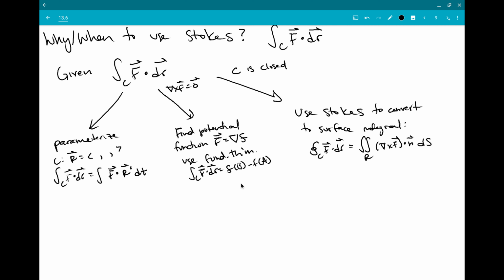And you might have noticed before, if your endpoint and starting point are the same for a potential function fundamental theorem type line integral problem, then this difference is 0. So if del cross F equals 0 and you try to use Stokes' theorem, you'll get 0. If del cross F equals 0 and you have a closed curve for the fundamental theorem, you'll get 0. Those are the same outcomes of doing a silly thing to get 0.